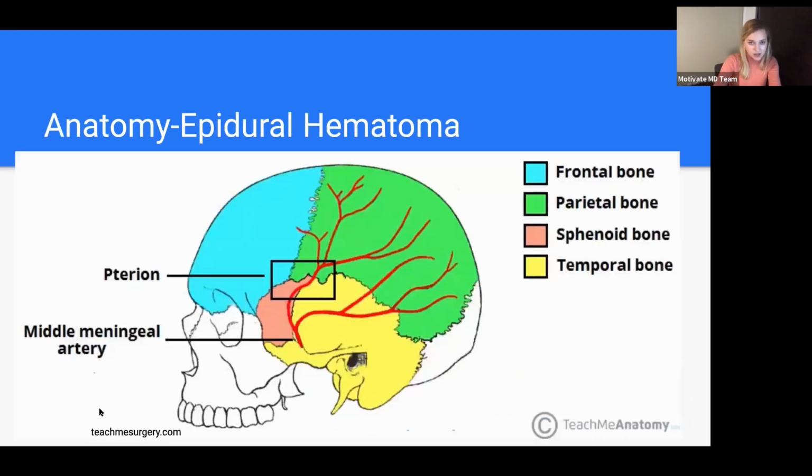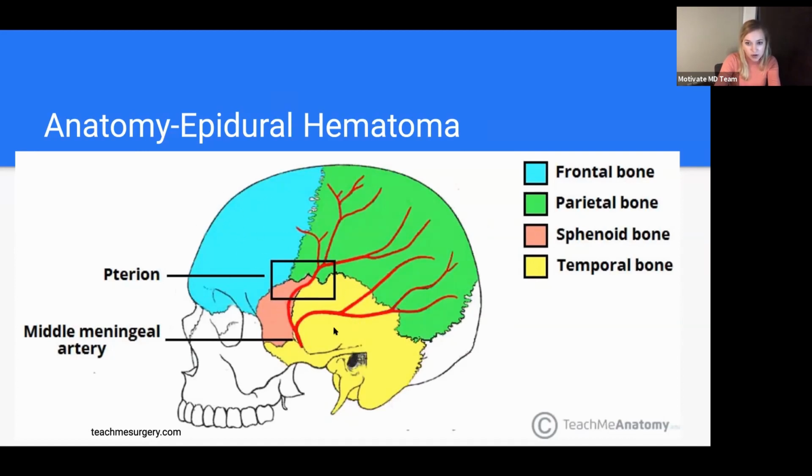Awesome. So here is just a refresher for anatomy. This is the pterion right here, that super fragile part of your skull on the side of your head. As you can see, there are different parts of the bone that make up your calvarium, or your skull, that have different names. This is the frontal bone, for example. The pink is the sphenoid.